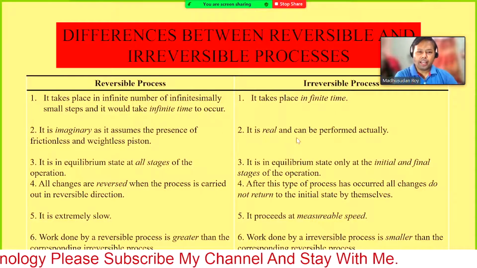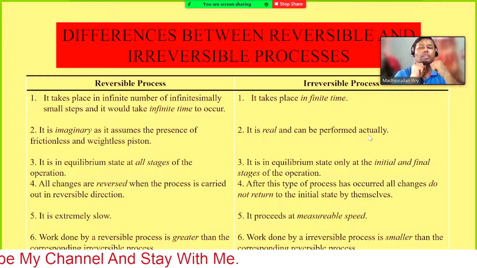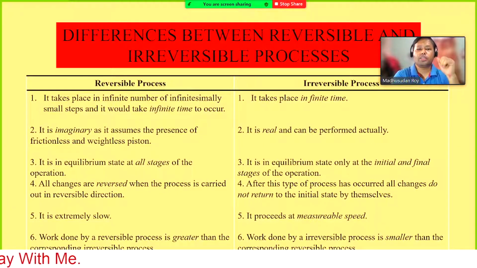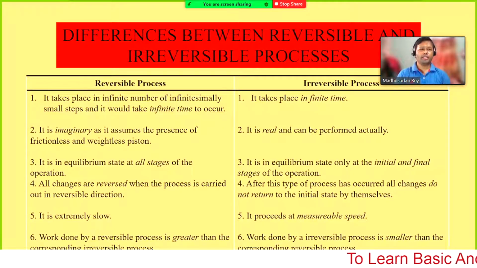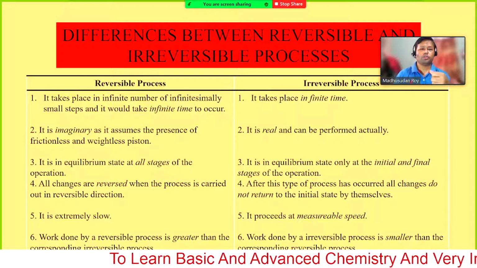The irreversible process is real and can actually be performed. Consider a cylinder with a piston, or a syringe, like the one we use for taking medicine or other purposes. You can use a syringe and immediately push it very fast.